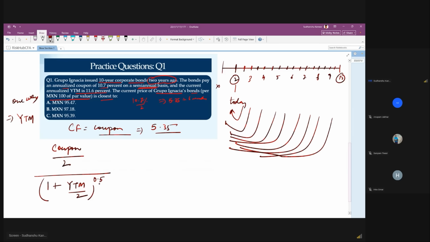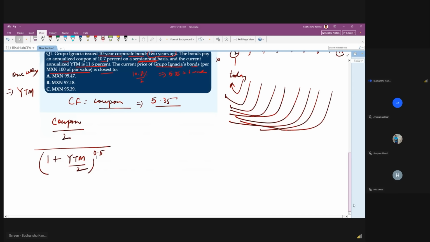When compounding and discounting, which we studied last week, I told you very clearly that we do 1 plus r by m into n. So whatever I am dividing here by 2 will get multiplied by 2. Then I have to do this for 16 cash flows.